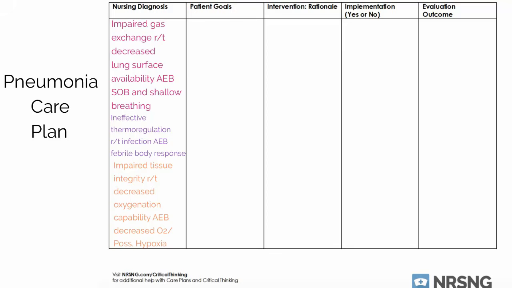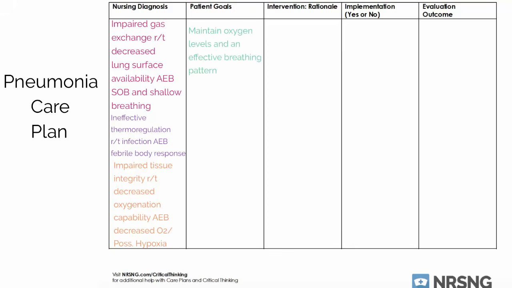So if you aren't getting the oxygen in because your gas exchange is impaired, you are not going to be able to perfuse out to your body the proper amounts of oxygen. And when you don't have the proper amounts of oxygen, it impairs your tissue integrity. So we want to make sure that we take extra good care of their skin.